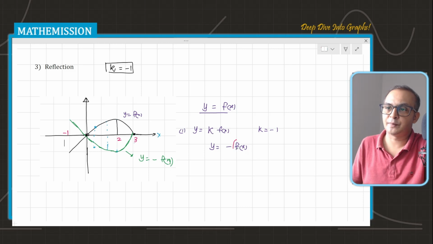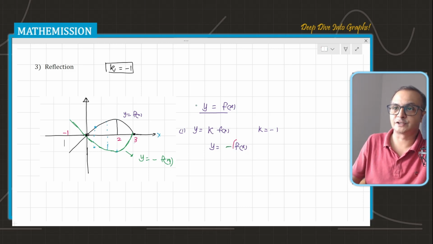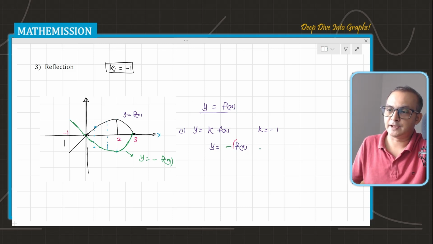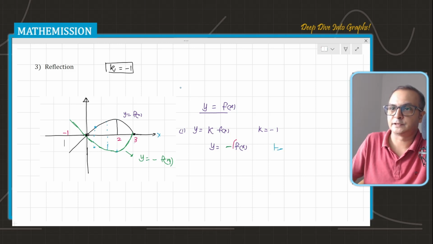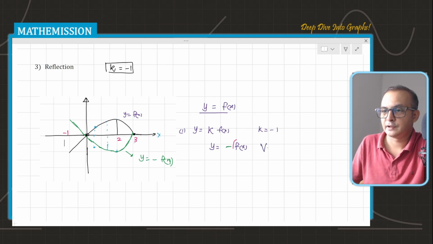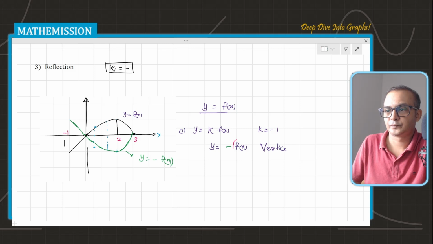So when we are multiplying a minus sign from outside of the function, there is a vertical flip. So a vertical flip is also the reflection of each piece or each portion in the x-axis.